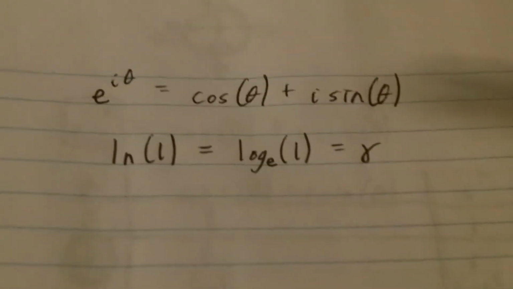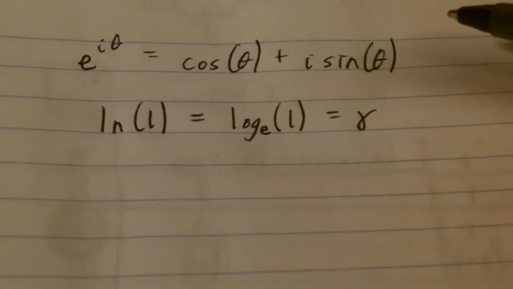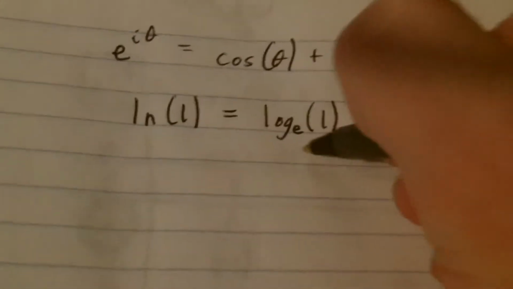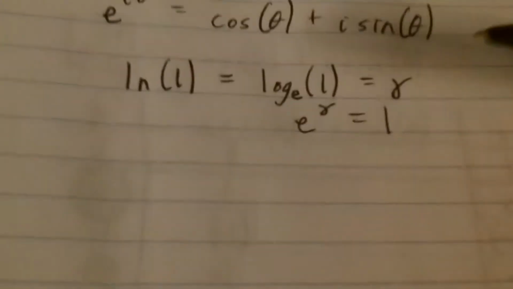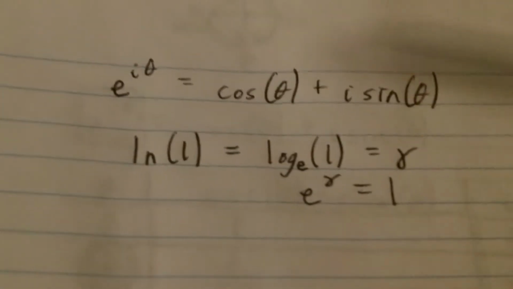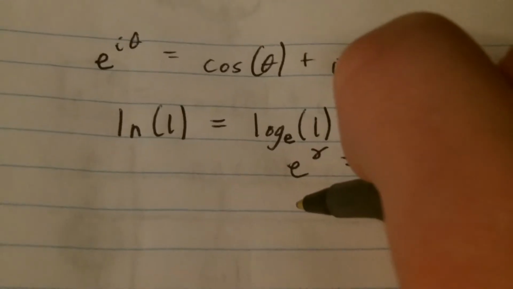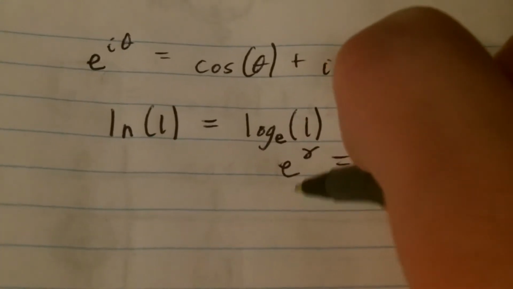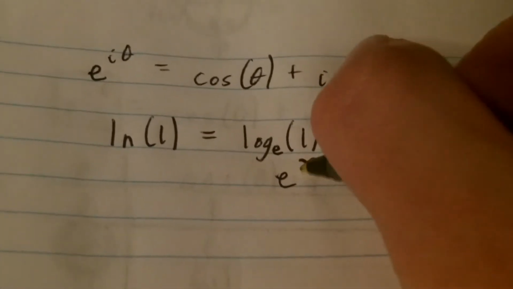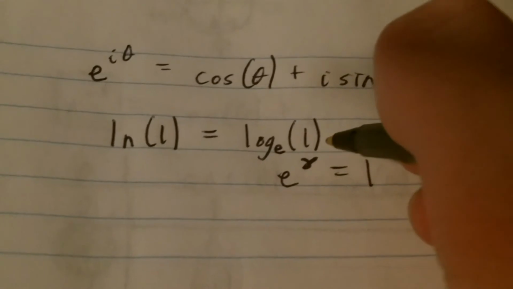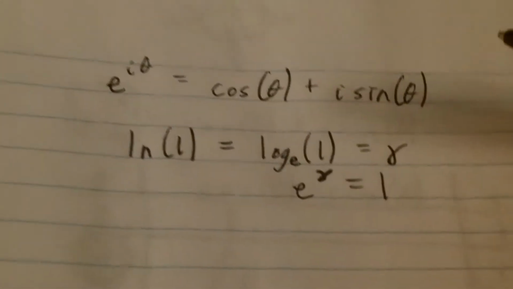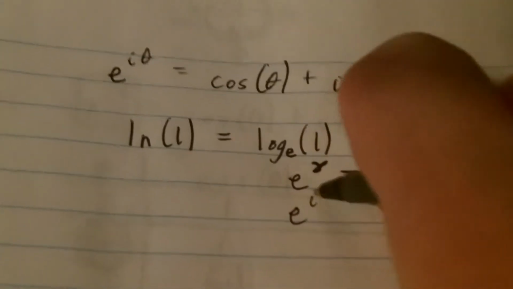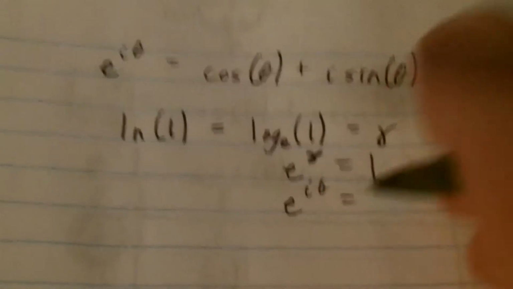But anyway, if we have ln of 1 equals gamma, I just chose gamma because it's cool, then we're basically saying that e to the gamma equals 1. That's just a property of logarithms. We want imaginary solutions to this equation, so let's say gamma equals i theta. Okay, so e to the i theta now equals 1.